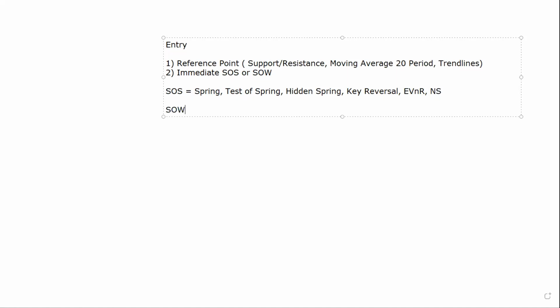Okay, sign of weakness would be the opposite: upthrust, UTAD, test of UTAD, hidden upthrust, and then we have top reversal.